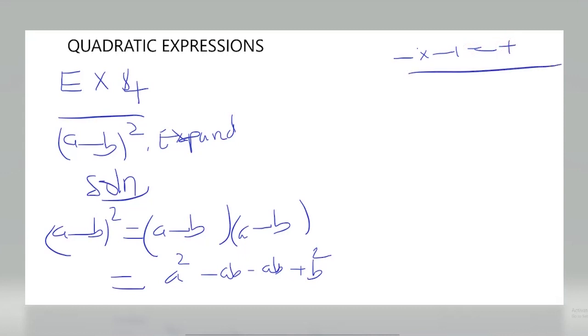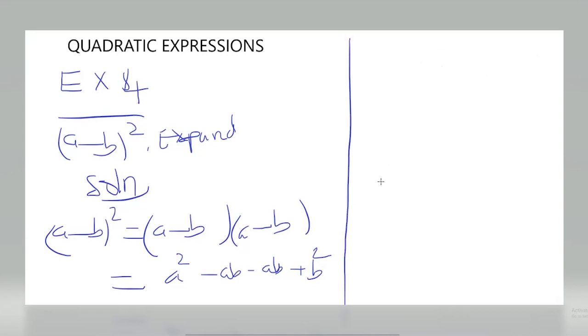Now this becomes a squared minus 2ab plus b squared. This is the final answer.